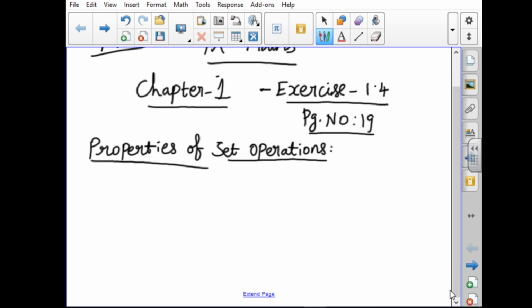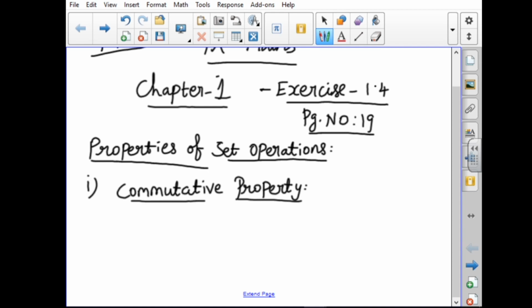In this, the first property is the commutative property. In this we have two subdivisions. One is for union, another one is for intersection.